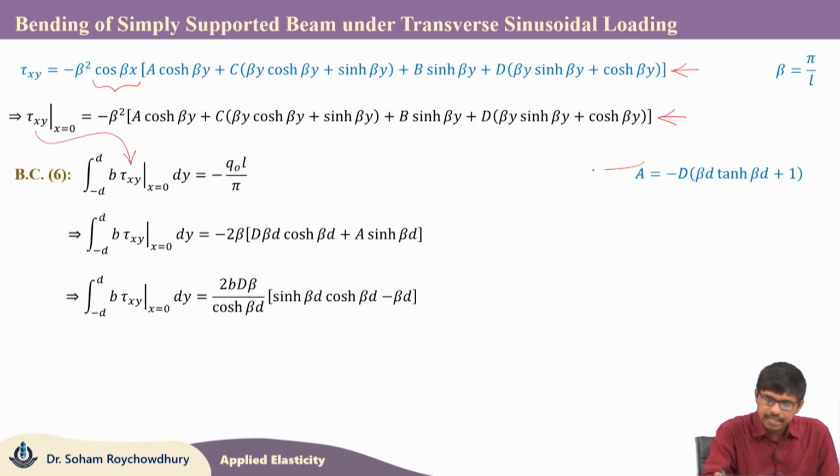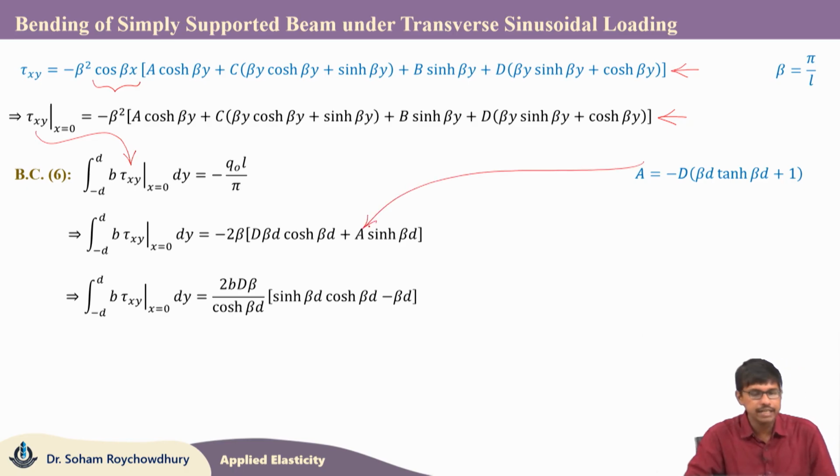So, replacing that A here in terms of capital D, this integral can be written as a function of capital D only: 2b capital D beta divided by cosh beta d within bracket this term, sinh beta d cosh beta d minus beta d.